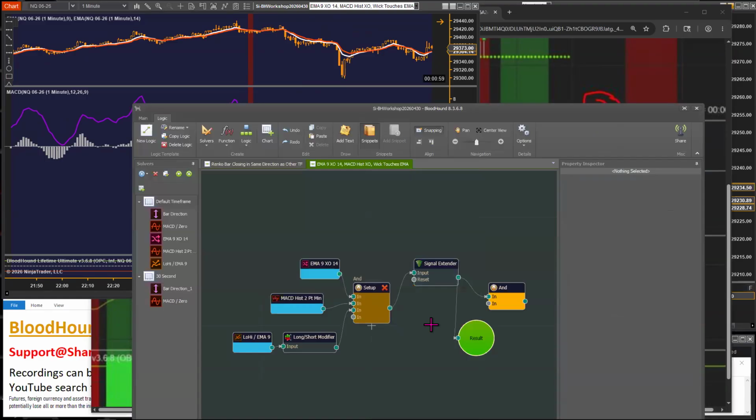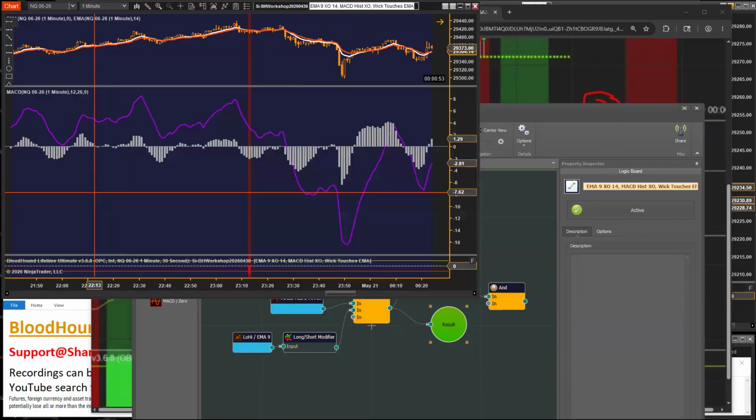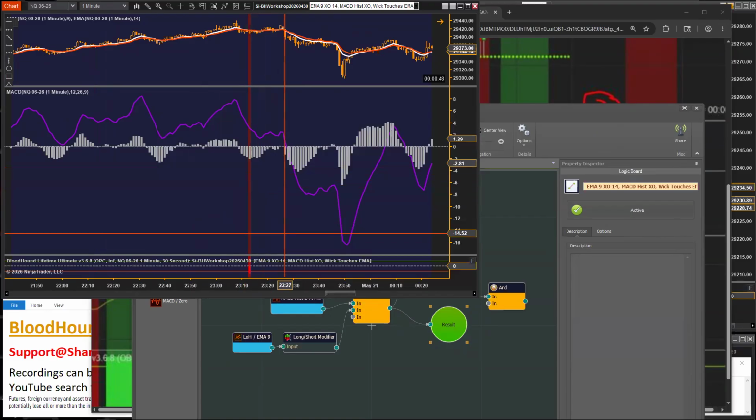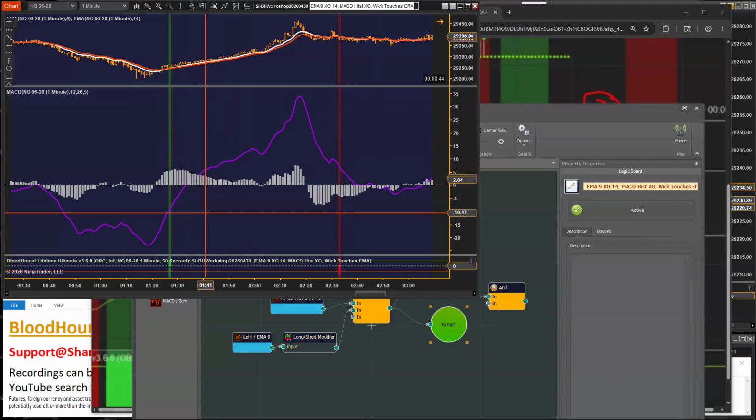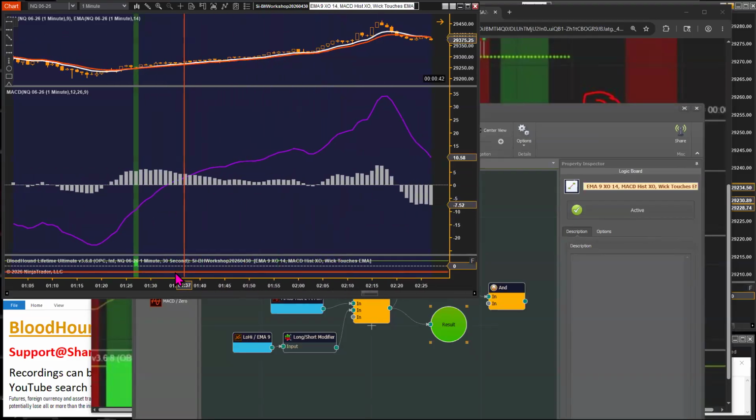If we connect it up to the original AND node, that looks good.